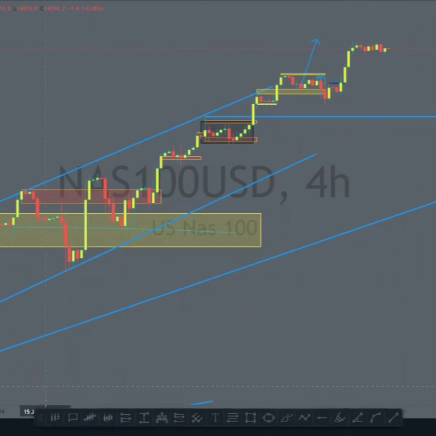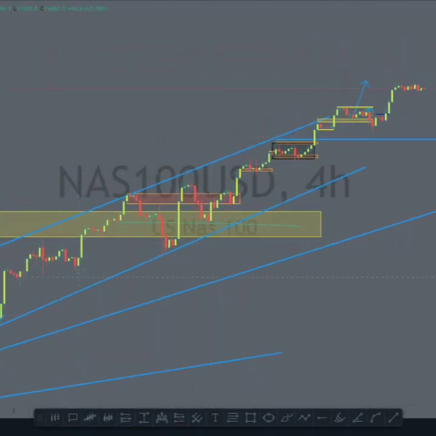We can see we're having 1, 2, 3 touches on our resistance trend line, and on our support trend line we're also having 1, 2, 3 touches, which made our structure very accurate.